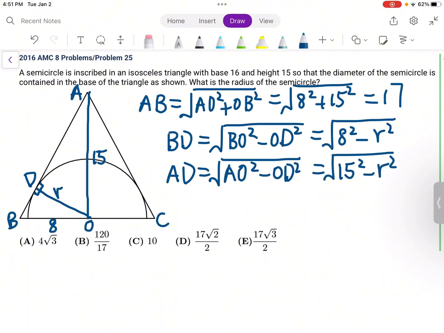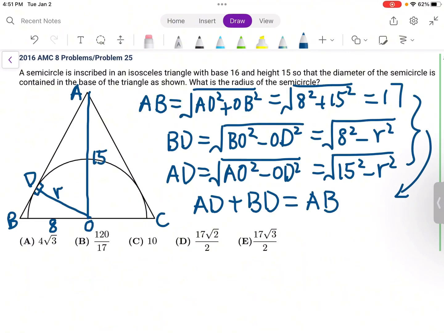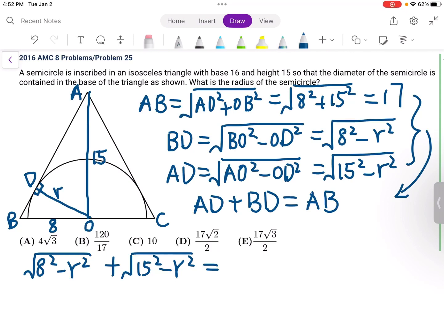Because AD plus BD equals AB, now we plug these results into this equation. We get the square root of 8 square subtract R square plus the square root of 15 square subtract R square equals AB, which is 17.